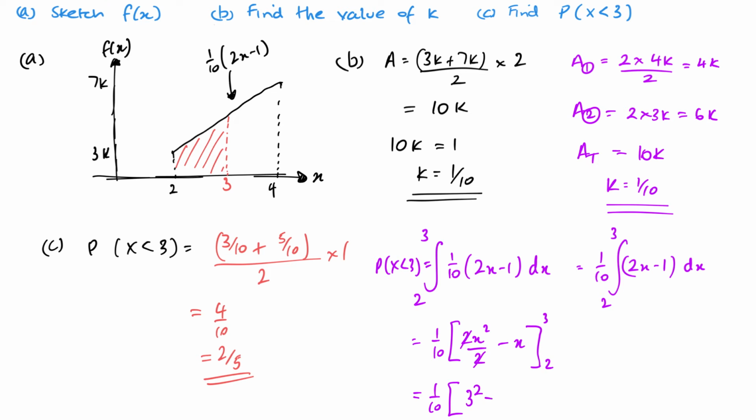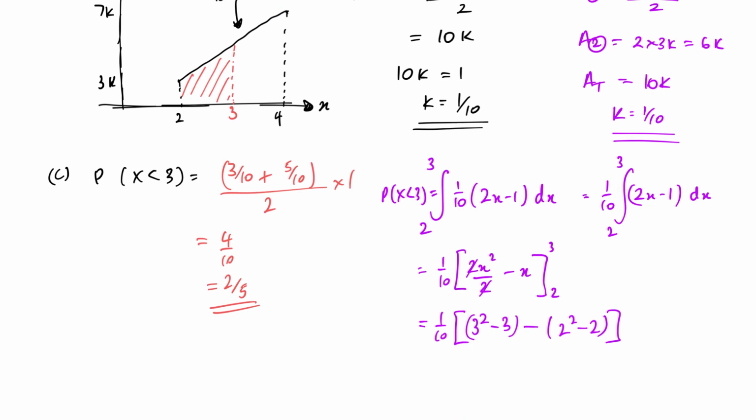But 3 squared minus 3, minus 2 squared minus 2. So that means we have 6 minus 2, which is obviously 4/10, which we know is 2/5, and the same answer as over here.